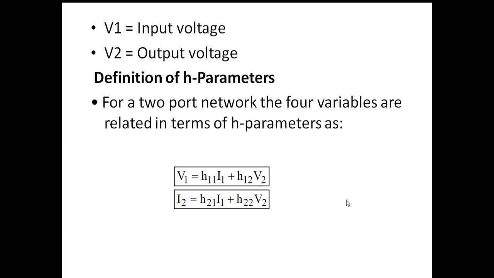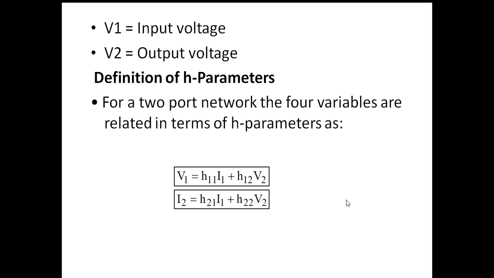Here V1 and I2 are dependent variables. V1 is the input voltage which is applied, whereas I2 is the output current which is measured across the output terminals. So V1 and I2 are called dependent variables. These dependent variables depend on two variables, I1 and V2.